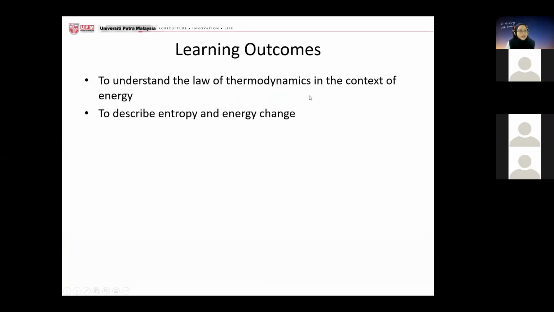So, learning outcomes, what you should be able to do by the end of this lesson is to understand the laws of thermodynamics in the context of energy, and to describe entropy and energy change.